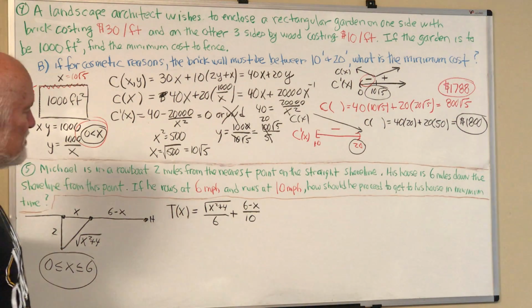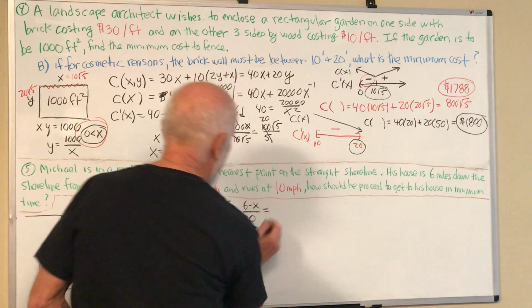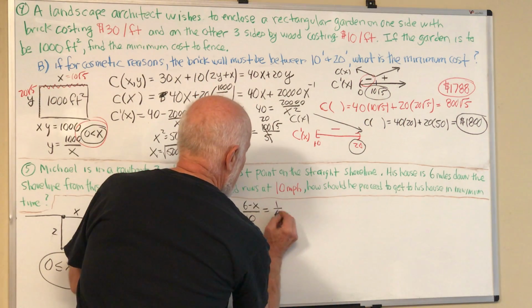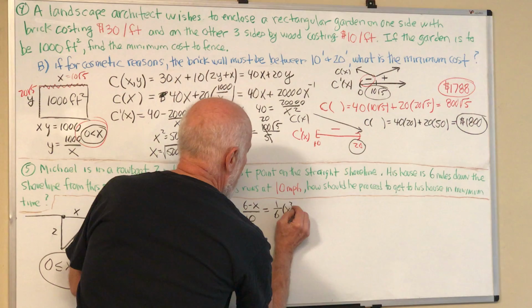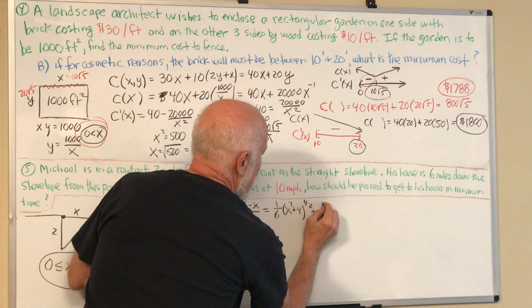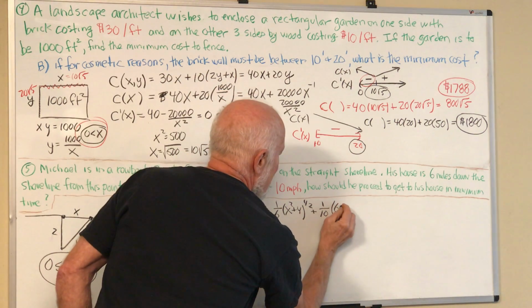So now it comes down to taking the derivative, like we always do. But before we take the derivative, let's make it a little bit easier for us. Call this 1/6 times (x squared plus 4) to the 1/2 power. And call this just 1/10 times (6 minus x).